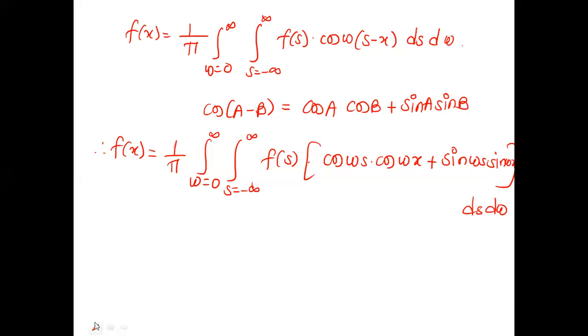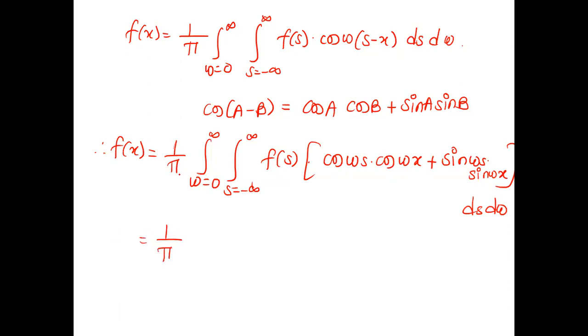I just applied the formula there and expanded it using cos a minus b. Now as there is plus in between, you can just multiply this with this, and you can separate the integration, right? So double integration gets separated.